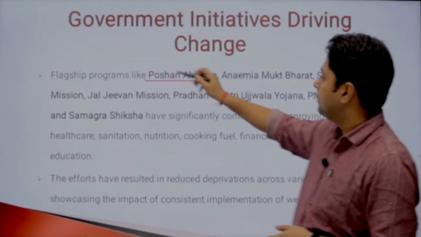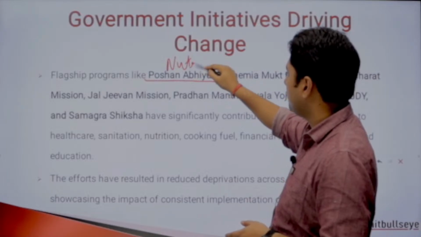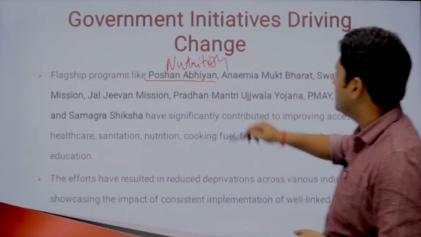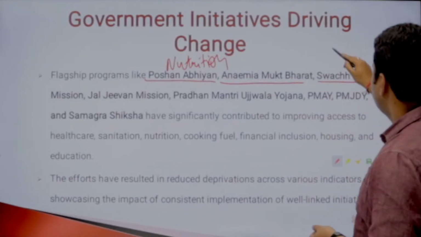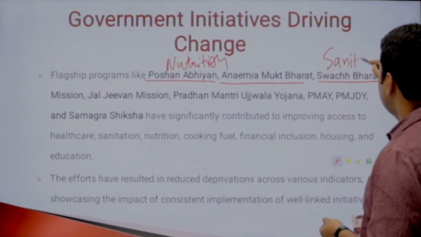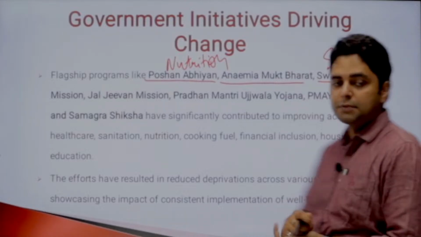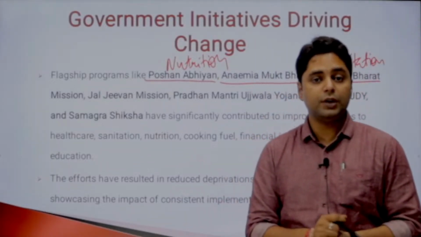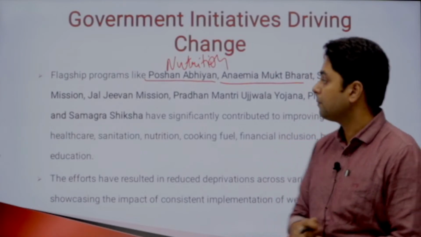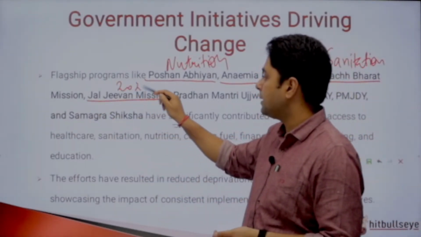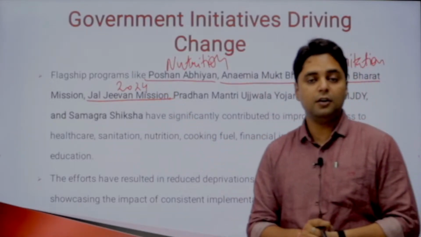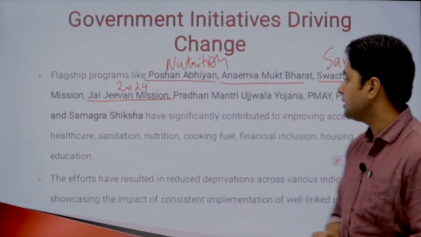पोषण अभियान फॉर न्यूट्रिशन, सेम अनीमिया मुक्त भारत अभियान फॉर न्यूट्रिशन, स्वच्छ भारत फॉर सैनिटेशन, 11 crore toilets built in India from 2014 till 2020. Jal Jeevan Mission, under which tap water connections are to be provided by 2024. 7 crore tap water connections have already been provided.